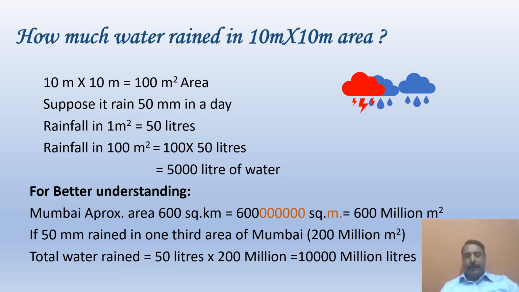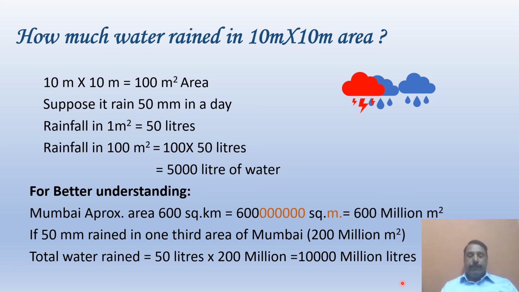600 square kilometer. Let us first convert it to square meter by multiplying it with the appropriate multiplier. This square kilometer, we have converted it to square meter. Then rather than writing these 6 zeros, we can represent this quantity as 600 million meter square.